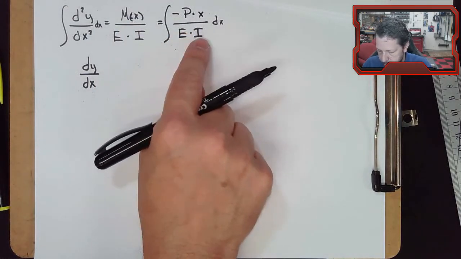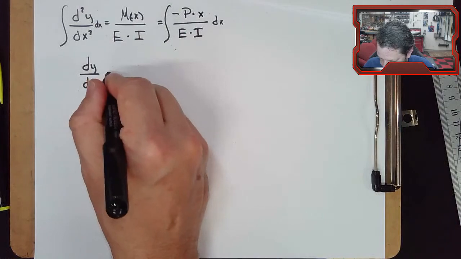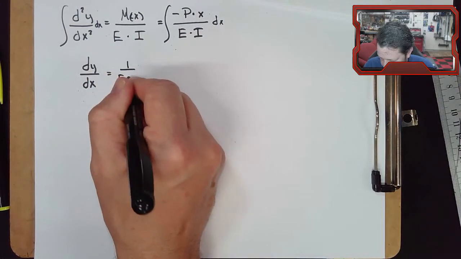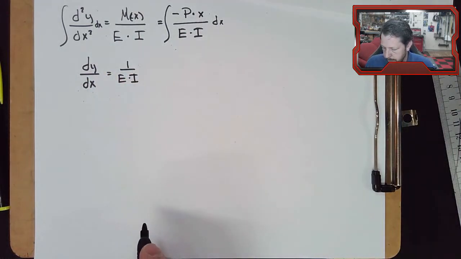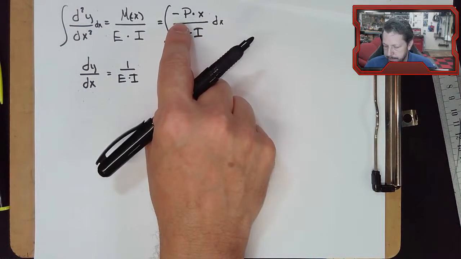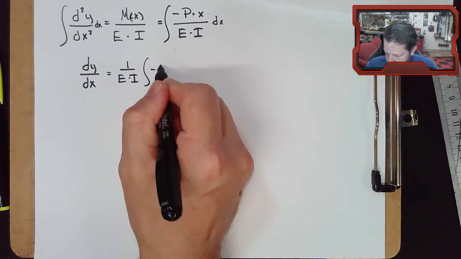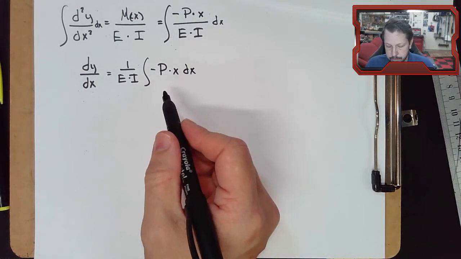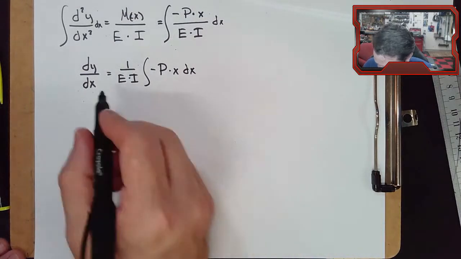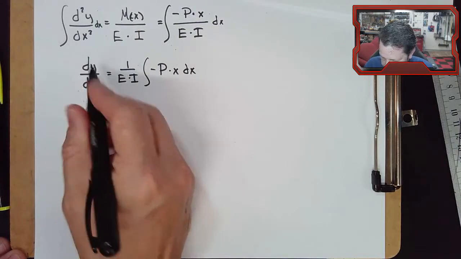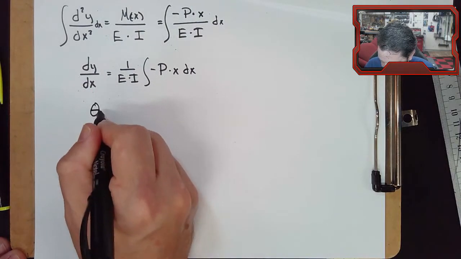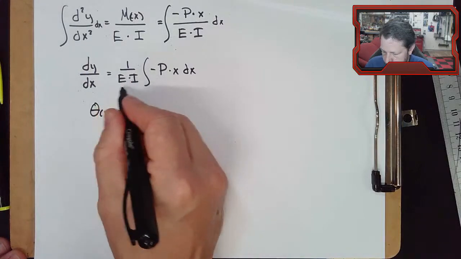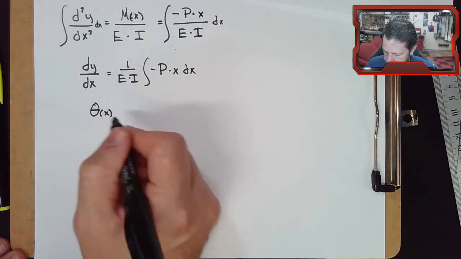This integral, E and I are constant, so we can pull those out. And then we just need to integrate negative P x dx. So that's just P x squared over 2. So now we have, I'm going to put theta in here for now. I'm going to go ahead and take these EI and put them with theta.